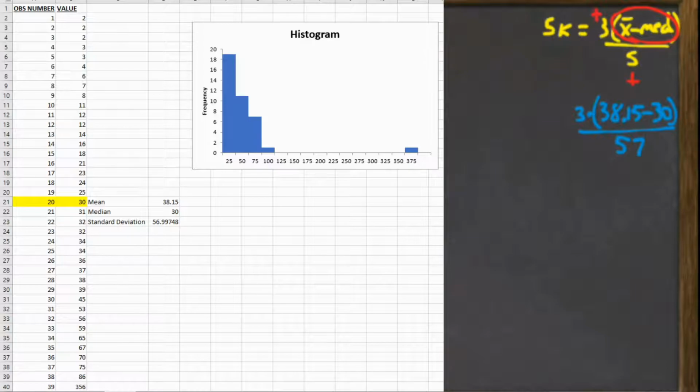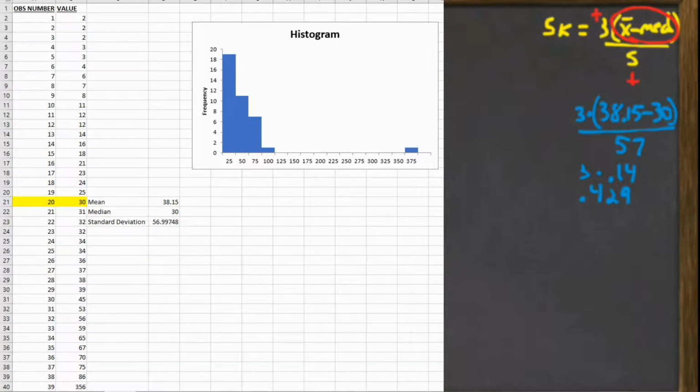And so this becomes 3 times 0.1429, which becomes 0.429, we'll call it. And so it's positive, and so we do have a positive skew.